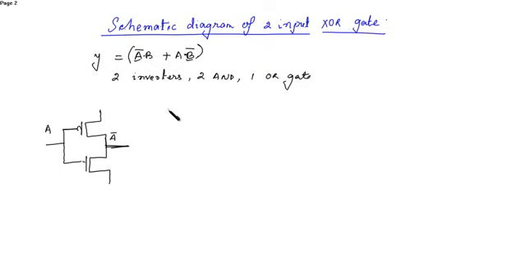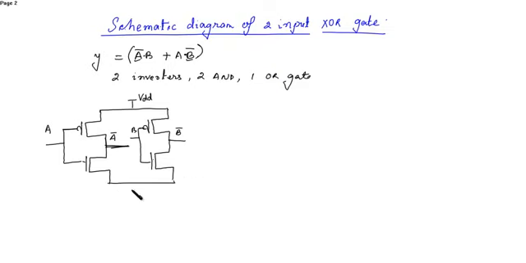Then you have another inverter, this has input B and the output is B bar. This is VDD, this is the ground, this is the inverter, only giving A bar and B bar.